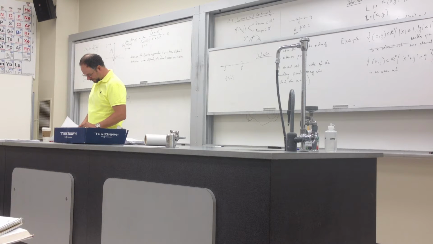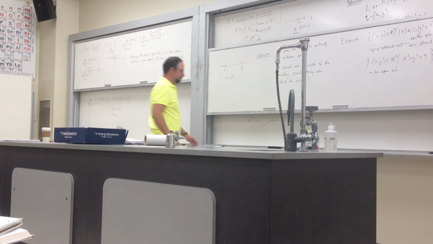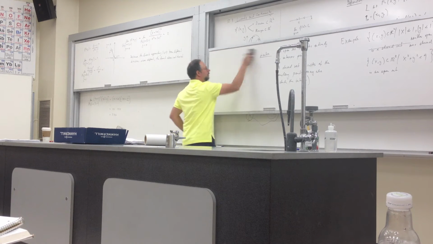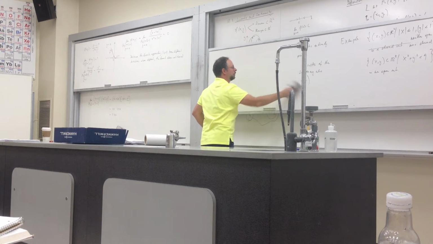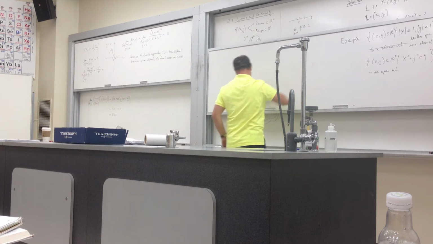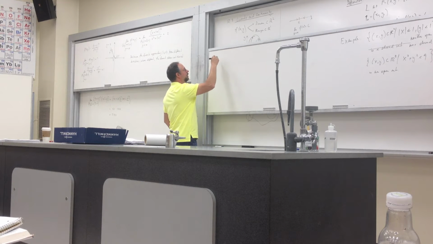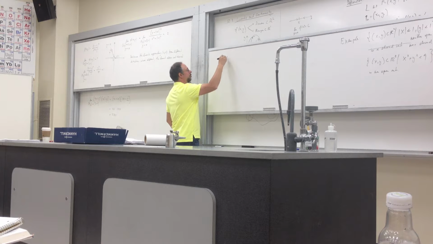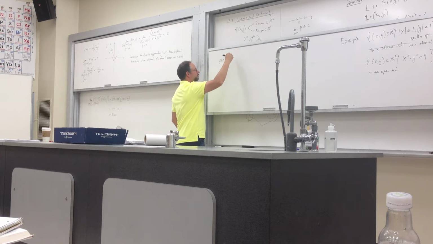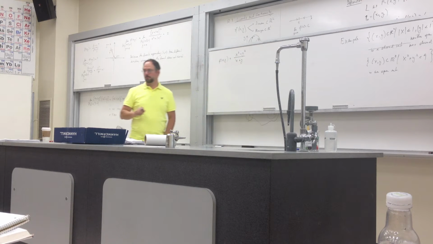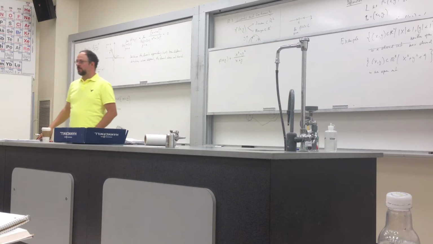Okay, let's see. Let's say we have f of x and y equal to x squared minus y squared divided by x plus 1. Is that going to be defined everywhere?